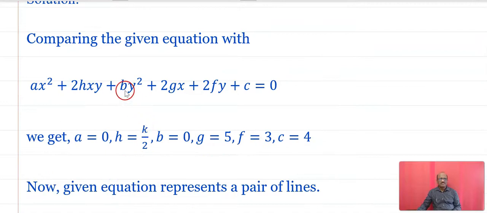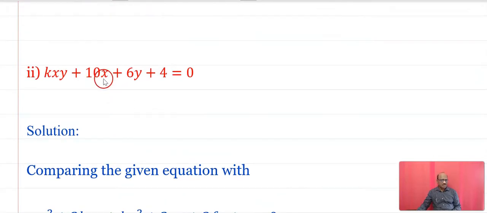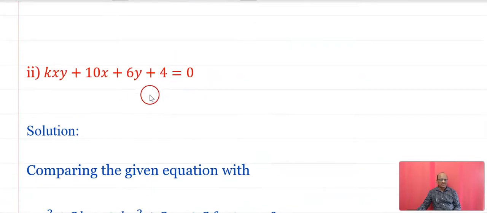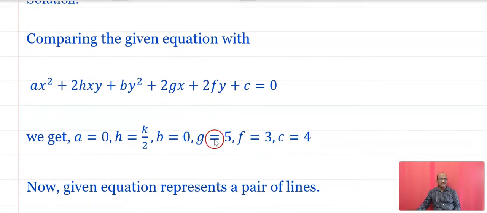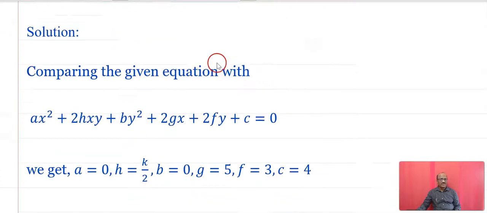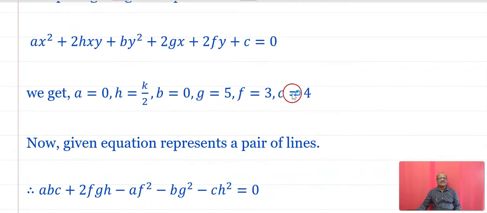Next, the value of b is 0 again. The y square term is also not present there. Next, 2gx is equals to 10x. Therefore, g is equals to 5. Next is 2fy is equals to 6y. Therefore, f is equals to 3 and the constant c is equals to 4.